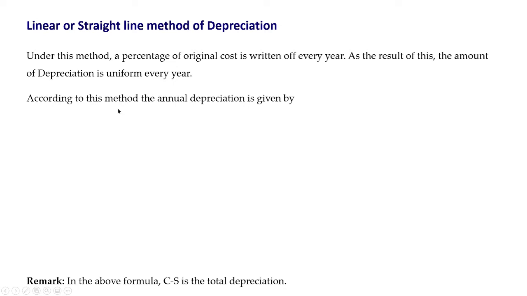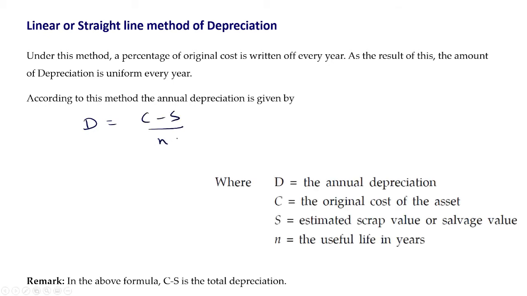According to this method, the annual depreciation is given by D = (C - S) / N, where D is the annual depreciation, C is the original cost of the asset, S is the estimated scrap value or the salvage value, and N is the useful life in years.